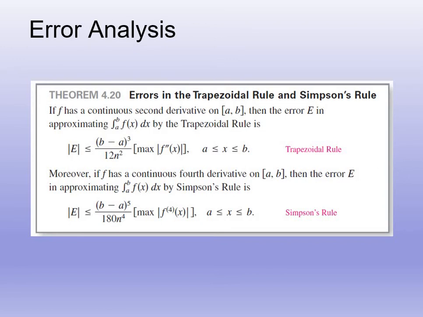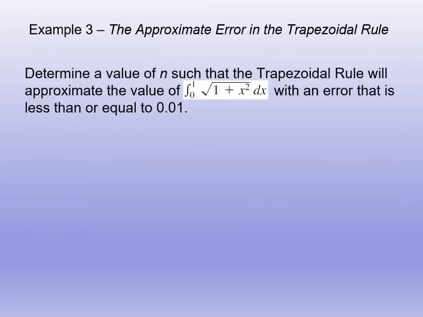Now, what you have to pay attention to is the derivatives here. For the trapezoid rule, we're going to use f double prime of x. For Simpson's rule, see how there's an f to the, in parentheses, 4? We have to take the 4th derivative of the function to use Simpson's rule. And remember, this is strictly to find the error. So it's very important that we understand what we're using and how we do that here.